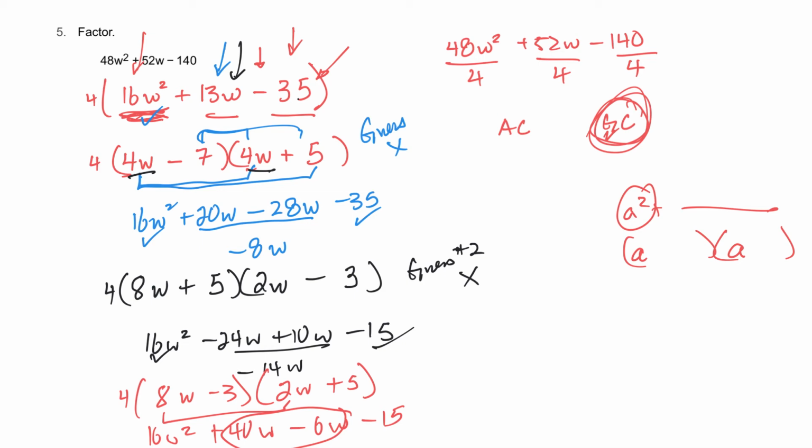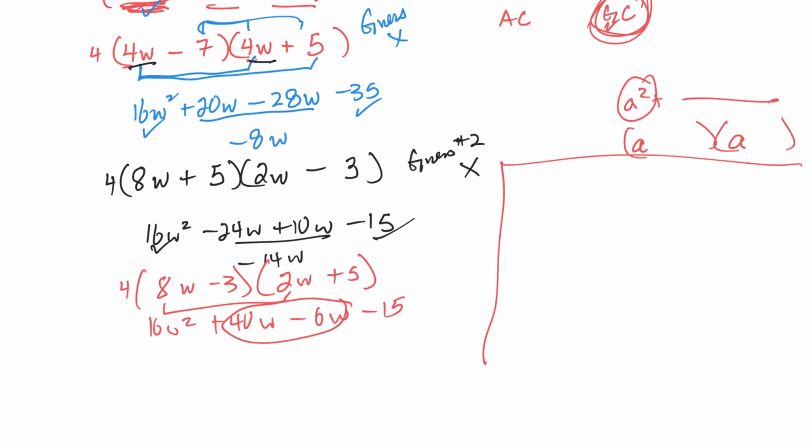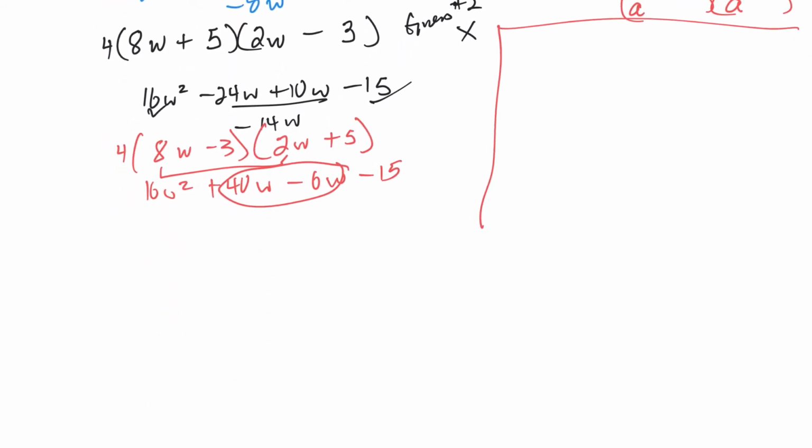Maybe let me try one more. Oh, I'll just go down, sorry. Let me go down. Okay, let me try another one. So I have the 4 out front. And then instead of a 4 and a 4 or an 8 and a 2, let's try a 16 and a 1w. And then I have, oh, I did something wrong on that last one.